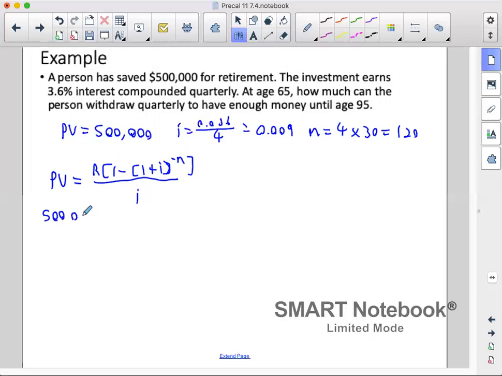So we've got 500,000 is equal to R times 1 minus 1 plus 0.009 to the power of negative 120, all over 0.009. So first thing I would do is get rid of this fraction by multiplying both sides by 0.009.